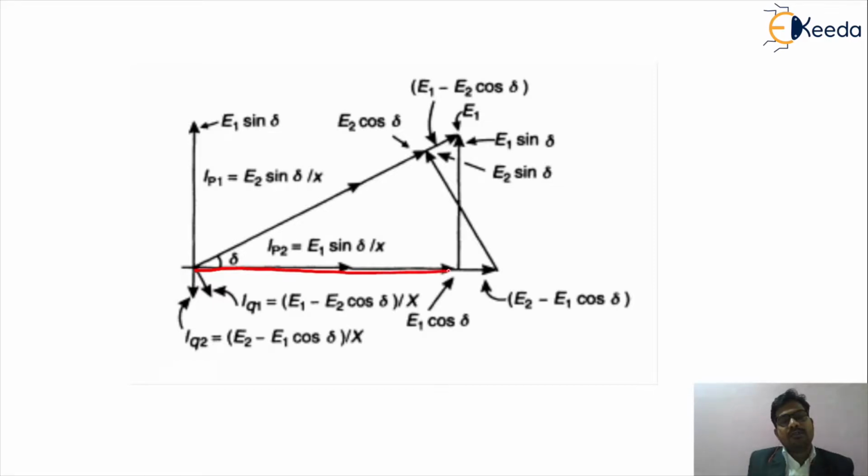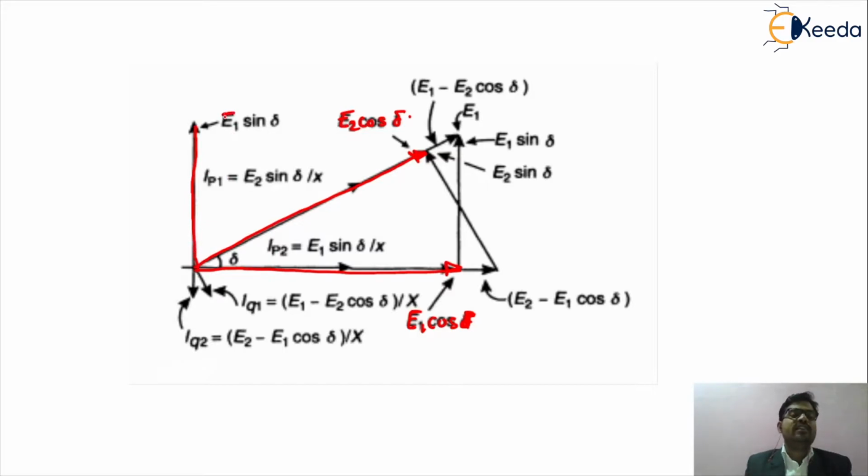So this will be the first phasor. That phasor will be E1, that is cos del, and this is the active power, which is given by E1 into cos del. Similarly, we get the second active power in concern with your receiving end voltage. This is E2 into cos del. Similarly, we get the reactive component in concern with the sending end voltage.